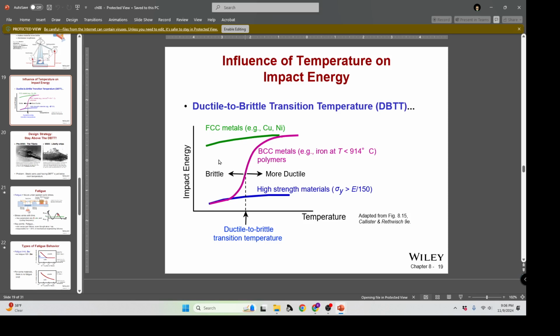Because when the temperature changes, there's a ductile to brittle temperature transition, and FCC metals are less prone to this. Iron and BCC metals are very susceptible to this. High strength metals are very low impact energy to begin with.